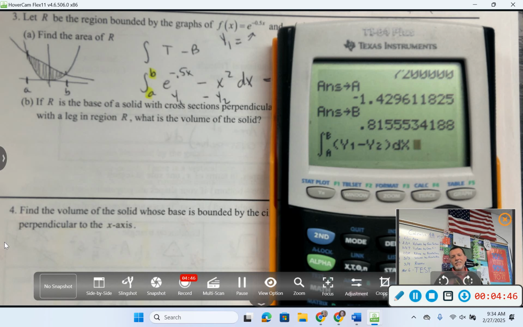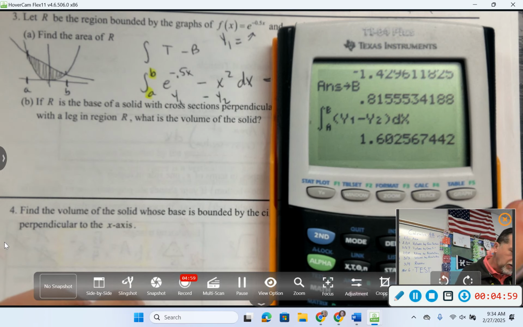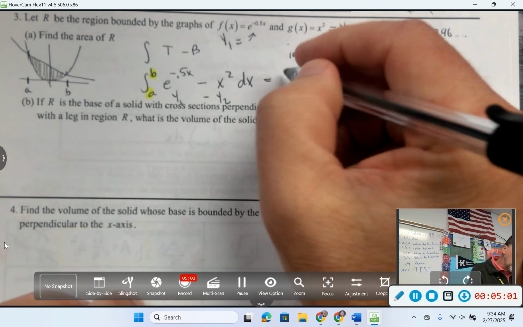And that looks really simple on the home screen because the calculator knows what A is, it knows what B is, it knows what y1 is, it knows what y2 is, and so it makes it simple to write that in there. And there's my answer, 1.603.